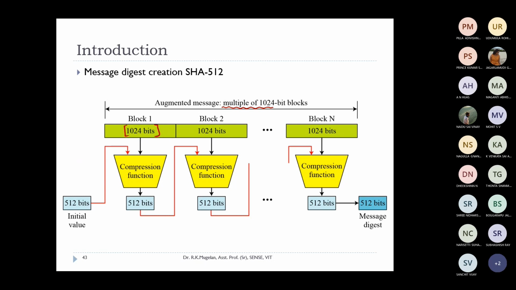And here the seed value is made up of 512 bits, which is given as an input to a compression function along with the message block, which gives me an output hash value, which is also 512 bits. It is fed back until it completes the entire length of the message, and the final value is taken as the final hash value. So this is how SHA-512 works.